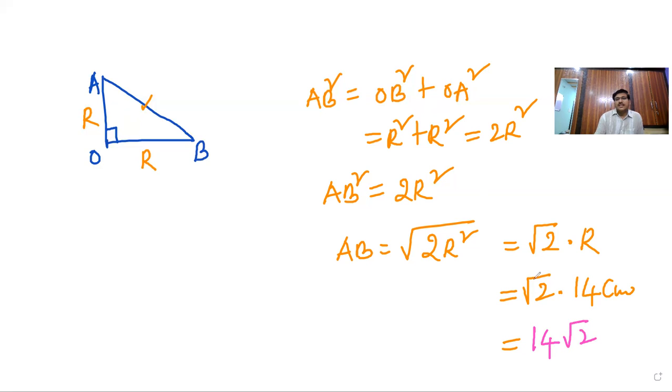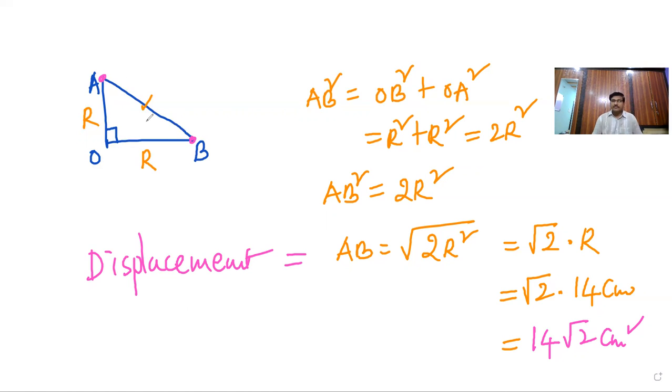I'm writing this first, then later this. Centimeter is the displacement. It is the shortest distance between the initial and the final position, in the case of 15 minutes, quarter circle. Yes. Is it clear?